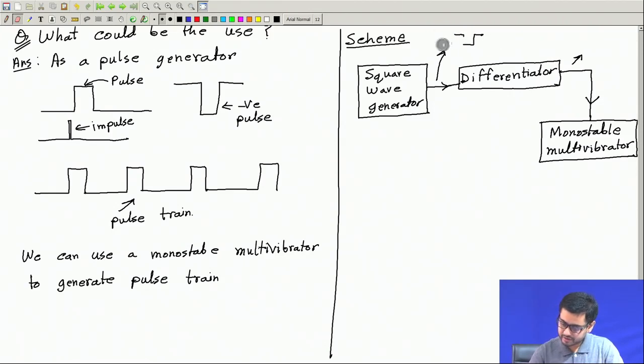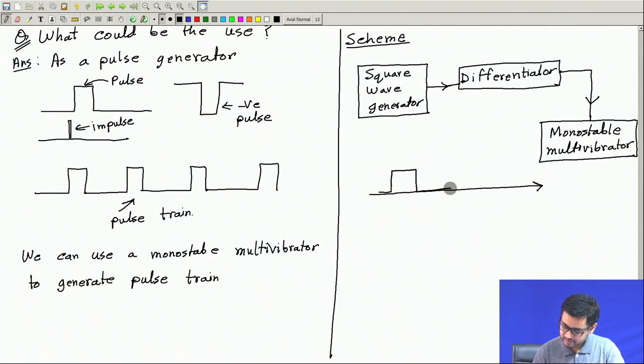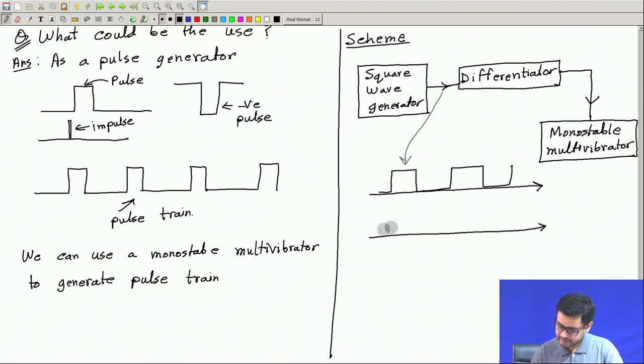Let me draw them on the same axis. Say this is the square wave, this is here. Then if I differentiate this, what I get is this 0, because here it is 0.